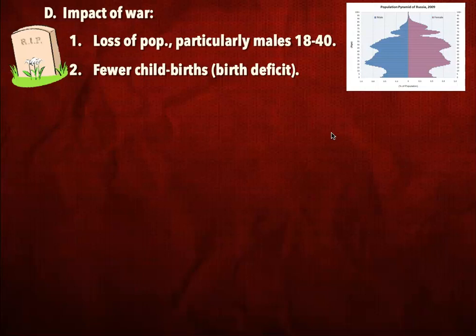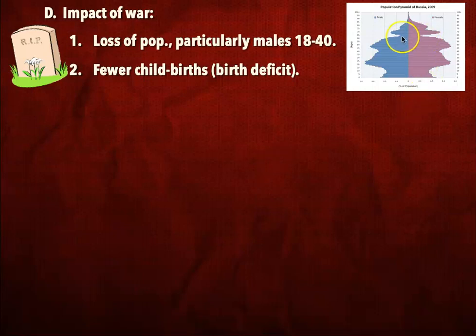And then if you have a country that is under direct attack, being directly impacted by a war, think about what's going on in Ukraine right now, you're going to typically see a sharp drop in childbirths, because people are everything from too concerned with basic survival to uncertain about the future and far more reluctant to bring a child into the world where they don't know what the future holds. And so warfare usually has that impact as well.